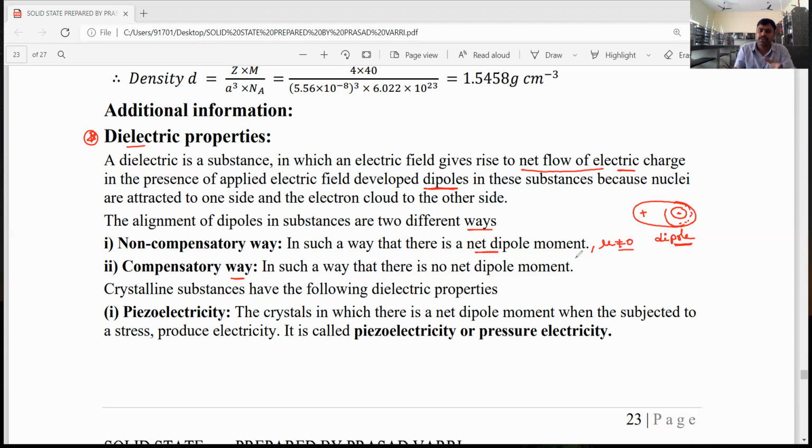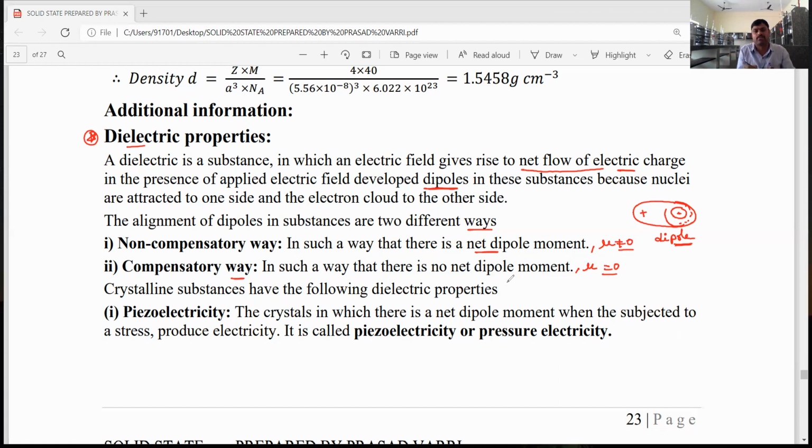If they are in compensatory way, they are in opposite directions, and the net dipole moment is 0. Dear students, this is about dielectric properties.